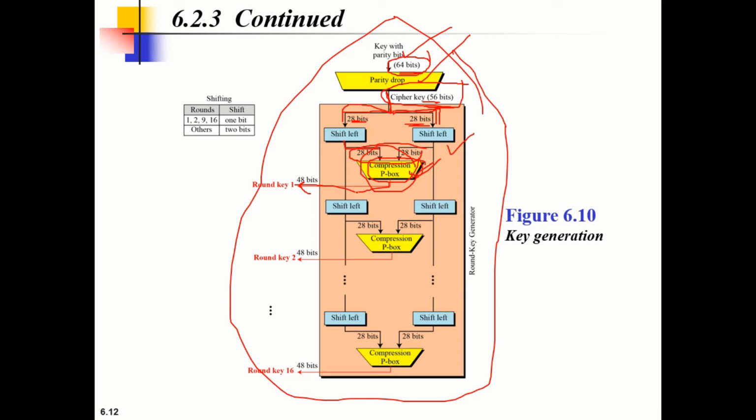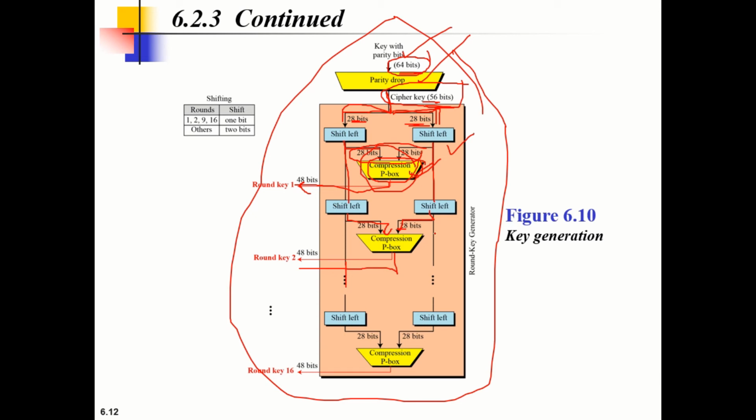Now for the second round we will again shift left the bits of the key, then we will compress the shifted bits again, and as a result we get the key for the second round. And this process goes on for 16 rounds, because we have 16 rounds in DES, so 16 different subkeys will be generated.